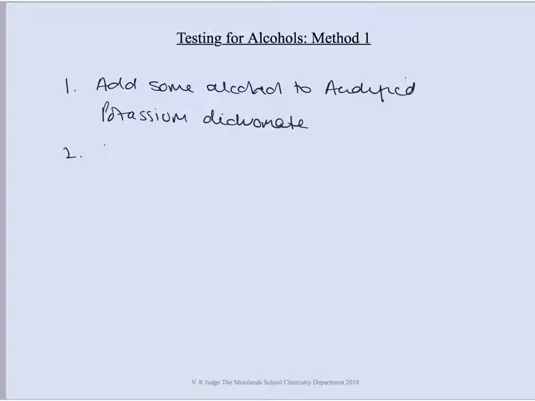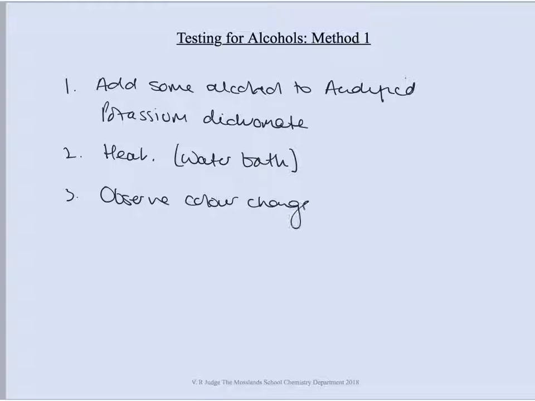You would then heat that in a water bath and simply observe colour change, if there is one. So that is your first test for alcohols. If you do that, you can figure out if you've got one or not. So add some alcohol to acidified potassium dichromate, heat it in a water bath, and observe a colour change.